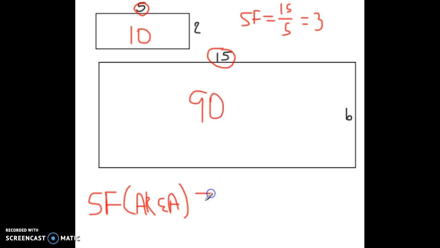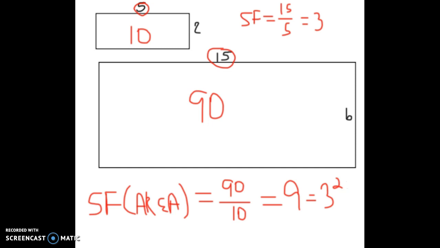So let's compare those two areas. We would have 90 over 10, because 10 is the original, and we would get a scale factor of 9 when we're talking about the area. So if we're talking about the length, it's just 3. But the area increases by 9, which just happens to be 3 squared.